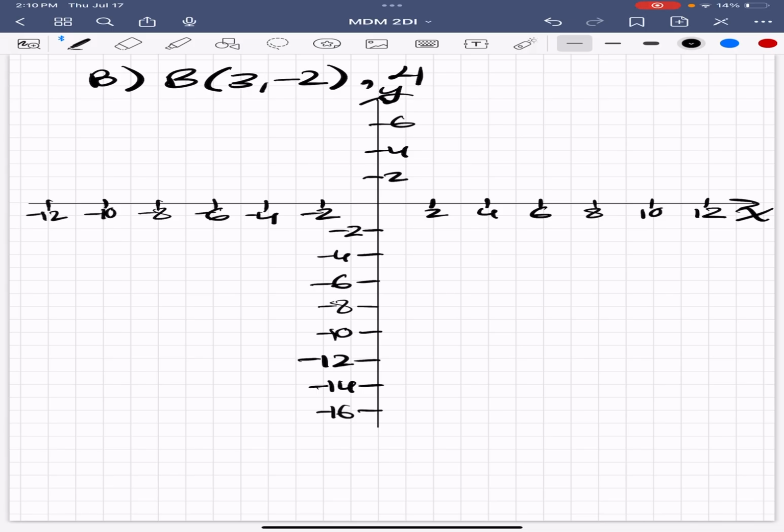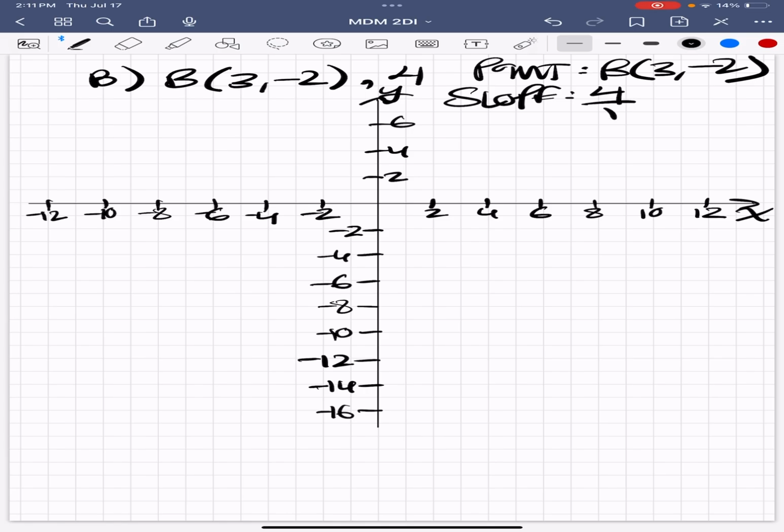So we have point B, which is 3 comma negative 2, and then we have the slope, which is 4. And let's begin. So we have point B equals 3 comma negative 2, and then the slope is 4 over 1, which is rise over run. And then we have the y-intercept, which is b, but let's begin graphing this point.